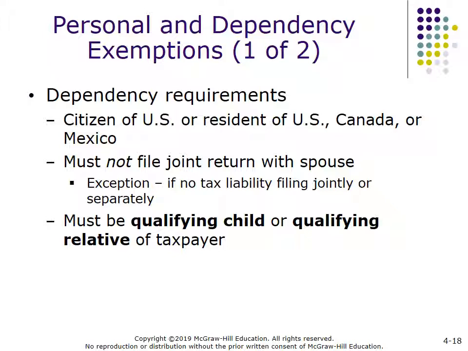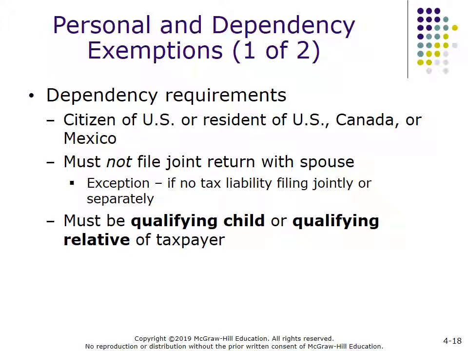If the daughter and her husband file a tax return and they have $3 of tax liability, she just flunked the test. She cannot be dad's dependent, qualifying child, or qualifying relative. In order to be a dependent of a taxpayer, all tests must be met.